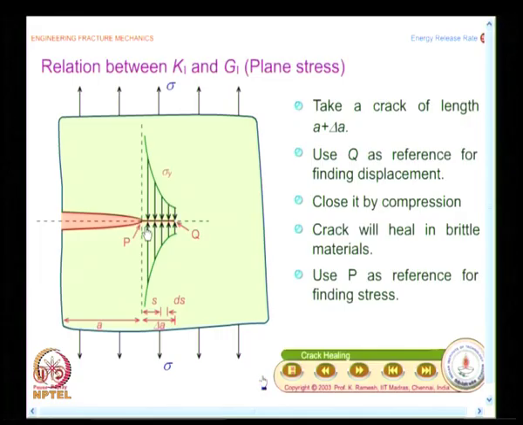So, when I have a crack of length A, whatever the stress field would be determined by the stress intensity factor for crack of length A. And I have a small extension delta A, and I have to find out the displacement. So, I have to find out from Q as the origin, that would be decided by a stress intensity factor for a crack of length A plus delta A.